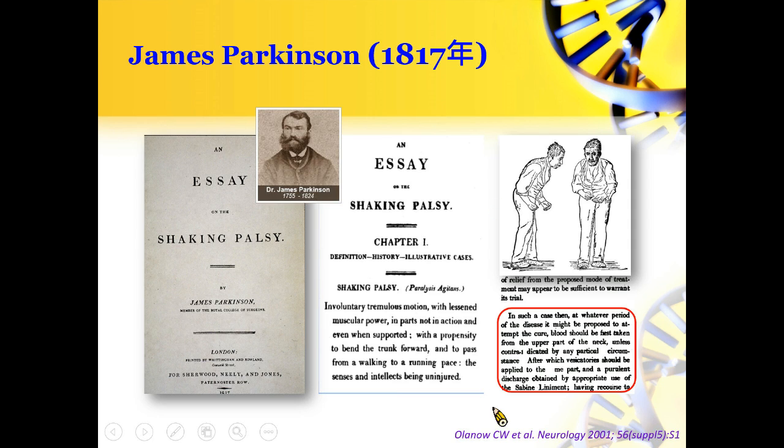They presented involuntary tremulous motion with lessened muscular power, in part not in action, and even when supported, with a propensity to bend the trunk forward and to pass from a walking to a running pace, the senses and the intellect being uninjured. Decades later, his name was used to designate Parkinson's disease.